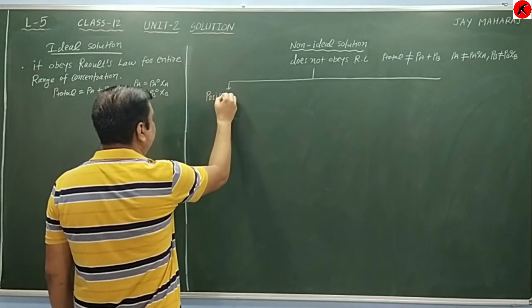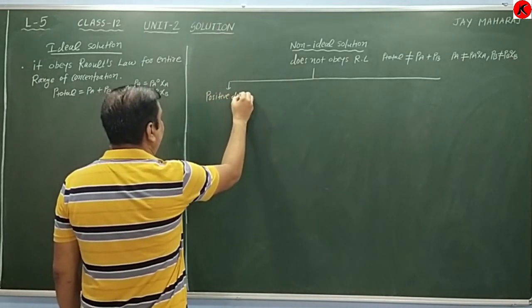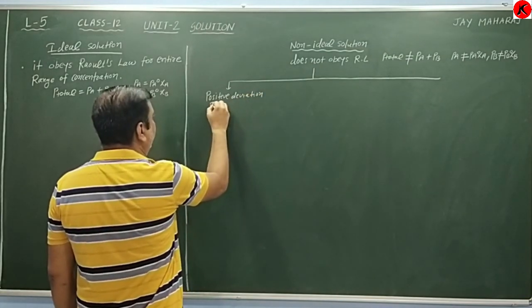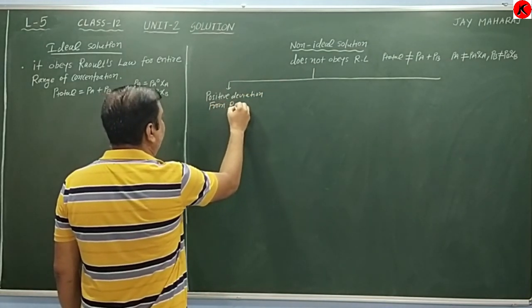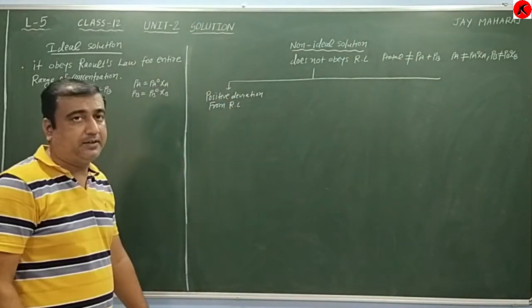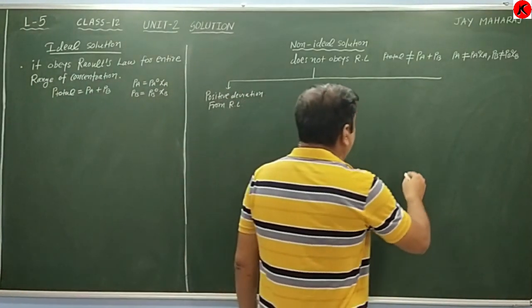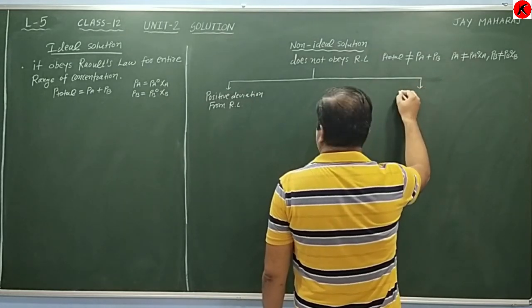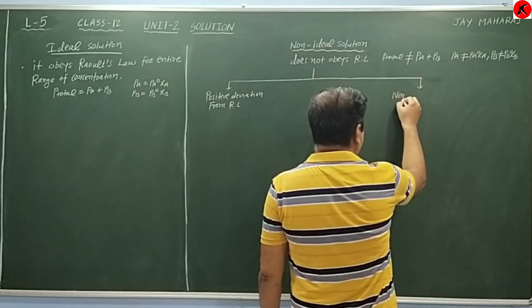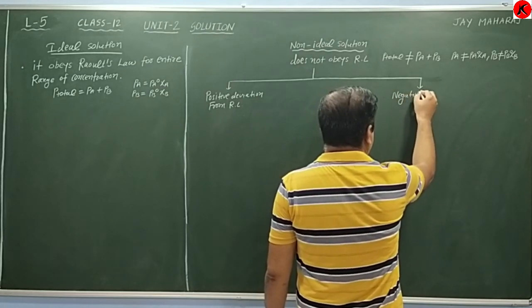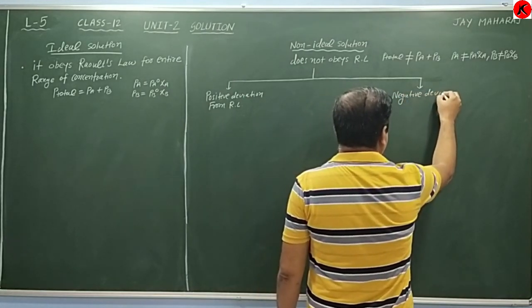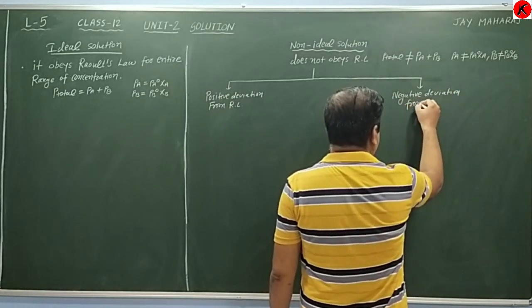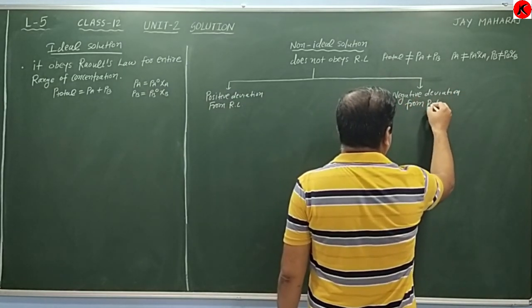And the second one is having negative deviation from Raoult's law.